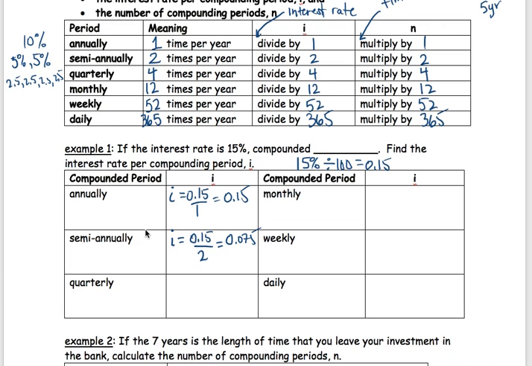Don't round up, just keep all the digits here. Now it's quarterly. If I had 15% and I want to be paid quarterly, how do I break 15 into quarters? You divide by 4.